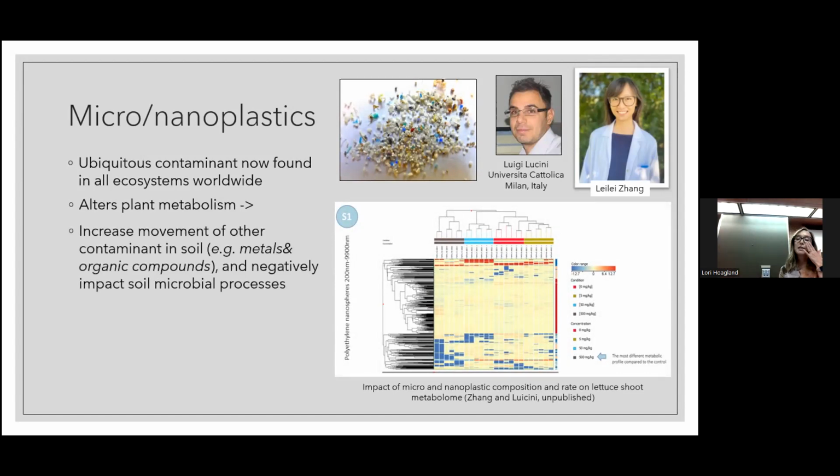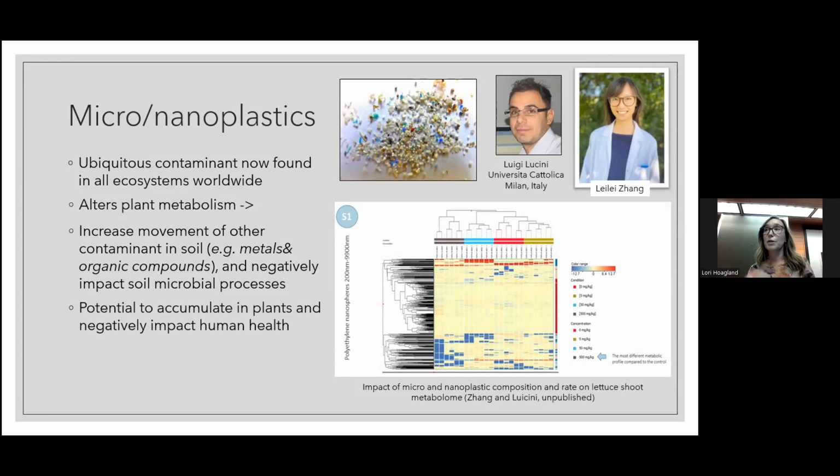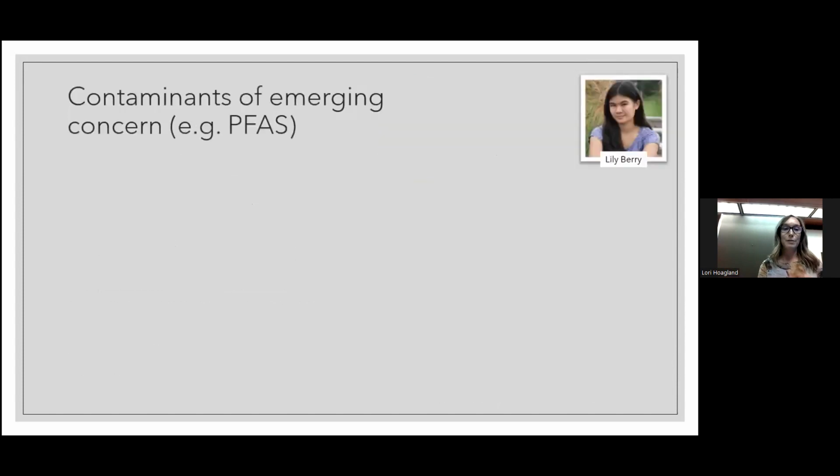We also know that these microplastics and nanoplastics can be challenging because they can increase the movement of other contaminants in the soil, like heavy metals and organic compounds, as well as influence microbial processes. And some, particularly the nanoplastics, have potential to get into plants. The implications of that aren't totally clear, but we need to study and learn more. She'll be initiating an experiment very soon in the AAPF.